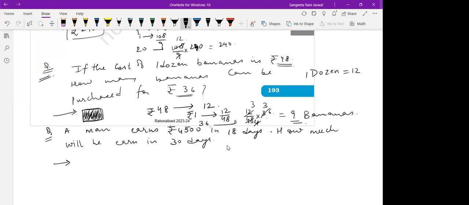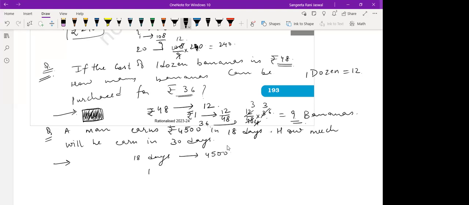Ma'am, the first statement: the man earns rupees amount in 18 days equals 4,500. Yes. And then we will multiply 4,500 into 36 by 18.